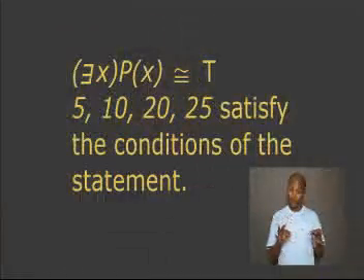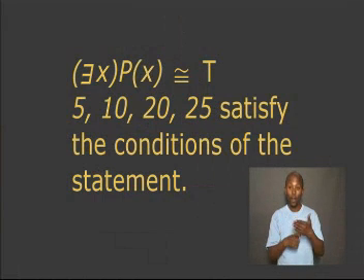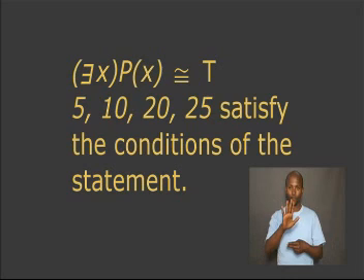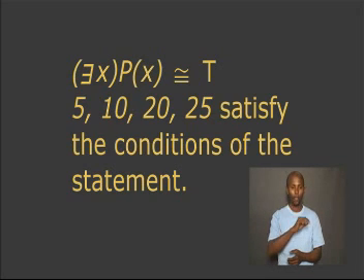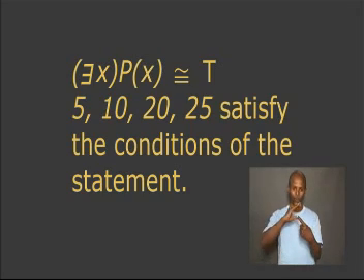Hello, students. Did you manage to determine the truth values of the modified statements? The first statement has a truth value of T. There does exist a multiple of 5 in the set S. You can take your pick. 5, 10, 20, or 25 all satisfy the conditions of the statement.